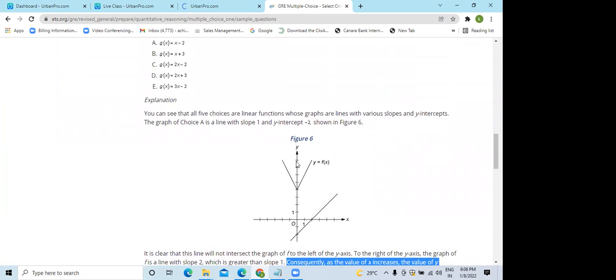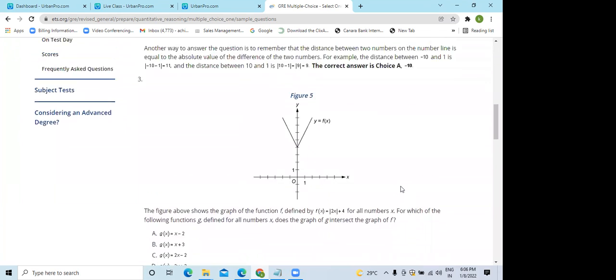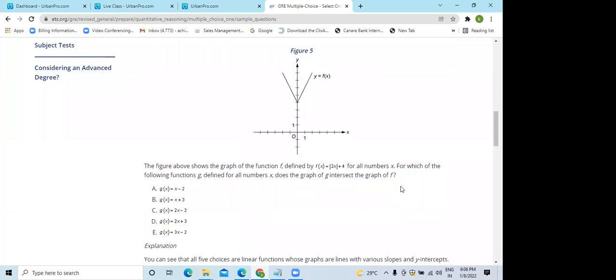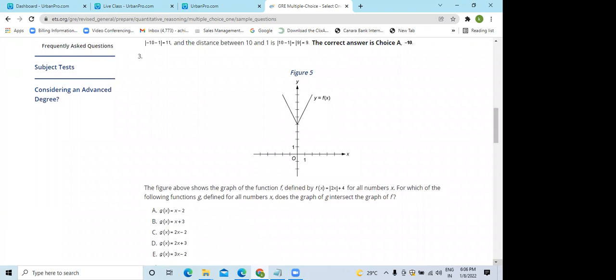Minus 2, yeah. So you can just take a screenshot of this question and also the explanation. First, the question, you can take a screenshot. 1 second. And review it once again. I got the screenshot for this, Professor.